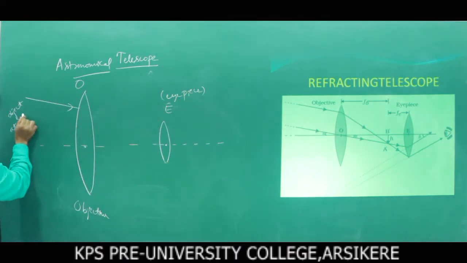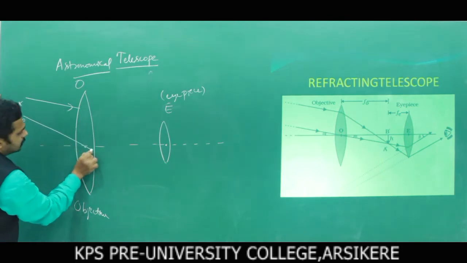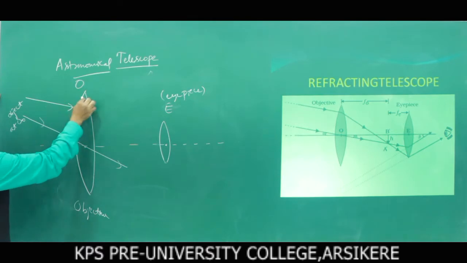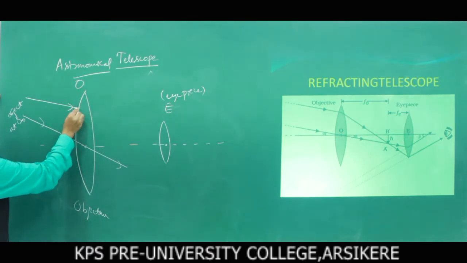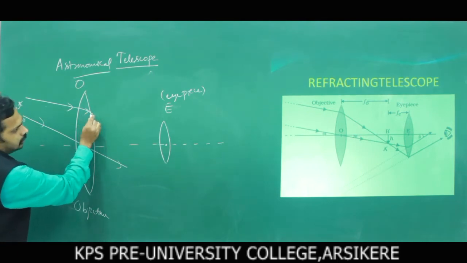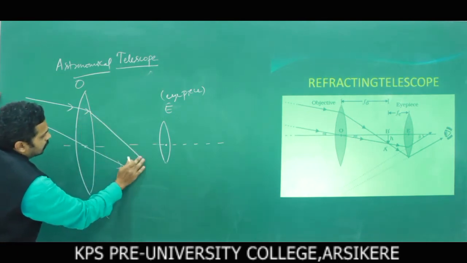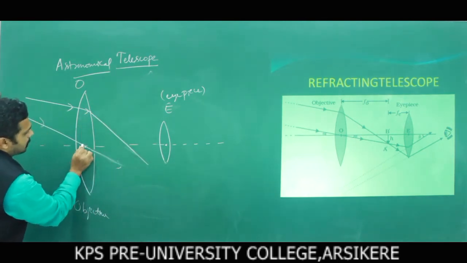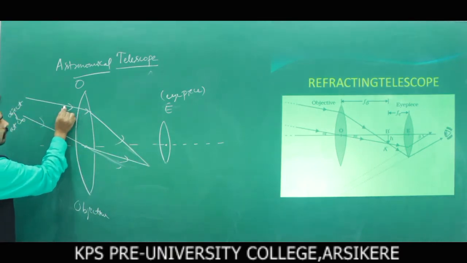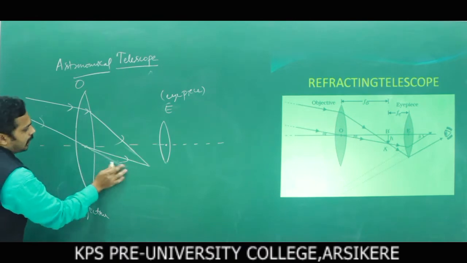Now from the object, the light rays fall on the objective lens. We know that it undergoes refraction. The light ray that falls on the optic center goes as it is.